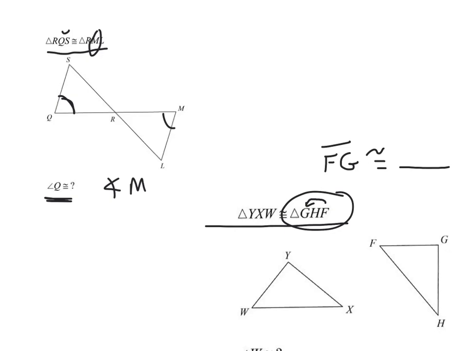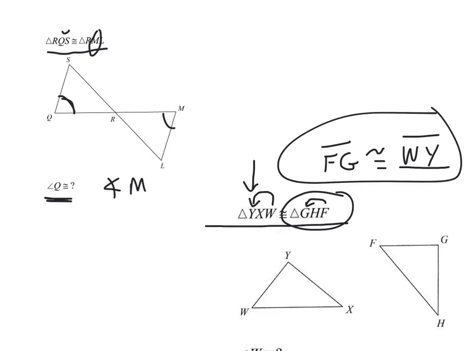Again, the order of the letters matters. So when I come back and look at the order of letters for the first triangle that's listed, I need to go from the last to the first. So technically, in order for this to be right, it has to be WY, not YW. That's a little bit nitpicky, but it's the most correct way to write this congruency, corresponding parts, which leads to the congruency statement of the segments.